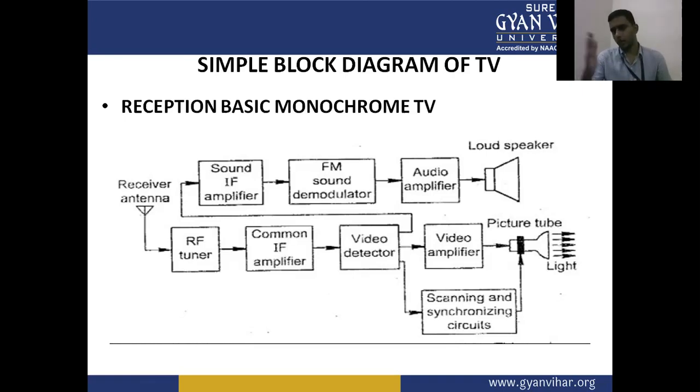Then at the end we have the loudspeaker to produce the sound from the signal. So the picture tube and loudspeaker are the devices which reproduce the scene or picture corresponding to the sound. So this is the complete block diagram of our TV receiver system.